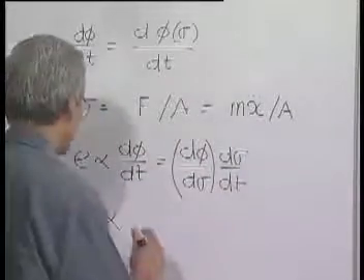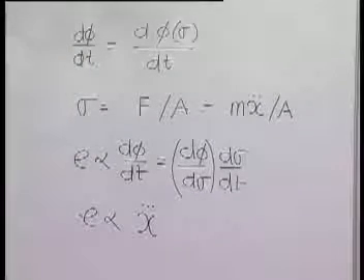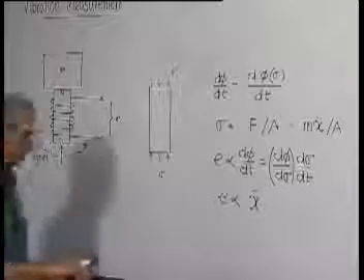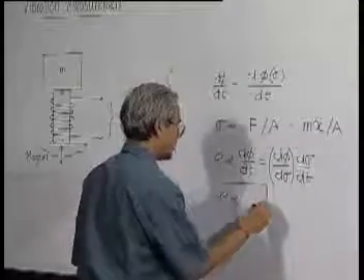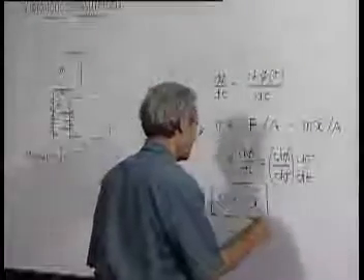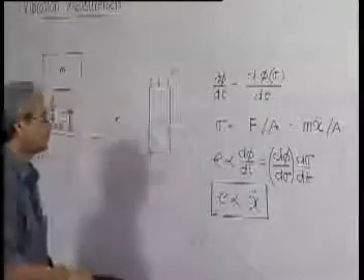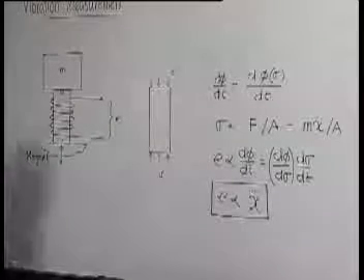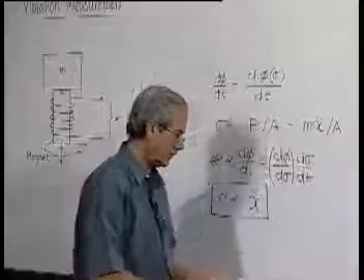But d sigma/dt will be proportional to x triple dot. So, therefore, the voltage we get here is proportional to the jerk, or the rate of change of acceleration, which of course can be integrated electronically, and output can be either acceleration, velocity or displacement, whatever we want. But basically in a magnetostrictive transducer pickup, the voltage we get is originally dependent on the jerk or the rate of change of acceleration.